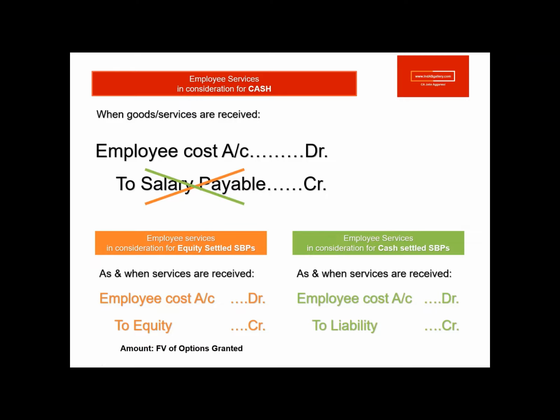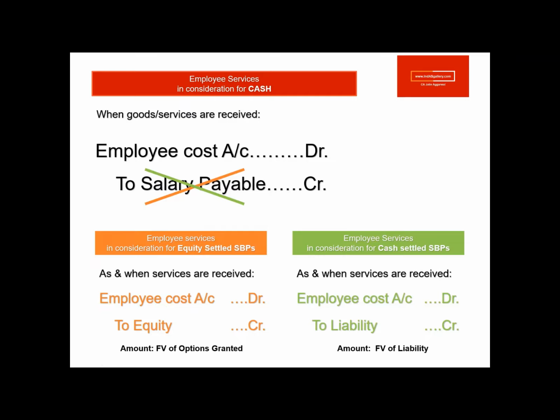As far as when this accounting entry is to be passed, the answer is very simple, applicable for both these situations: as and when services are provided. Right? And how do we account for it? We'll understand this with the help of an example in this video.